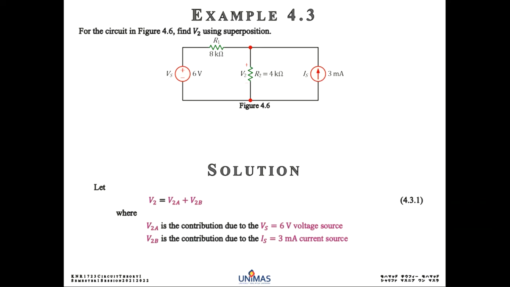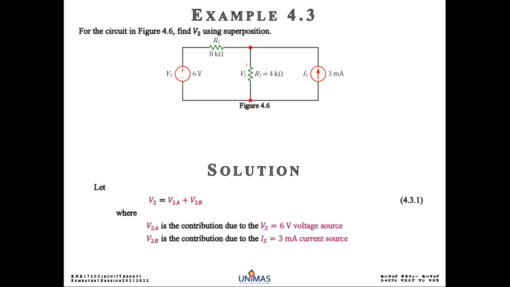Kalau kita consider Vs, apa kita nak buat dengan Is? Yeah, how do you turn off Is? How you want to turn off your Is? Open circuit. Yes, okay. That is the only thing that you need to remember.